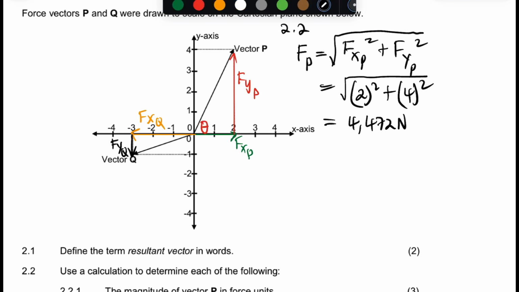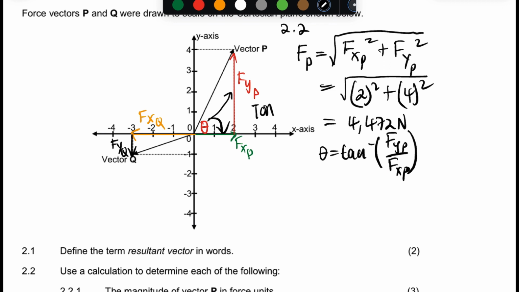If they wanted the direction, we would use tan theta, which is Fyp divided by Fxp. How do we know that? It's opposite over adjacent.